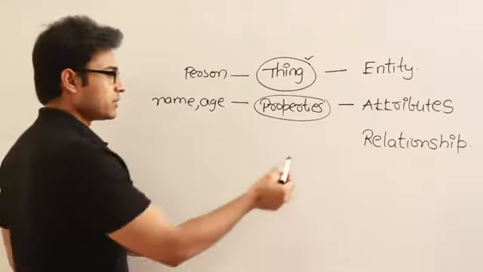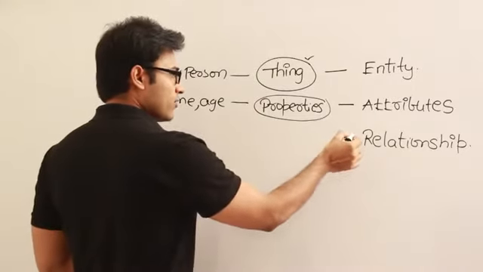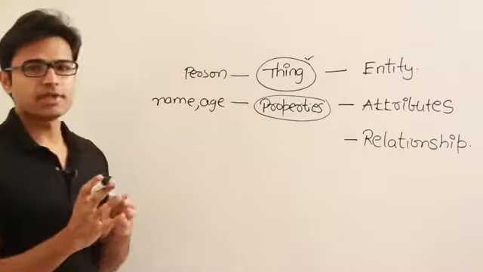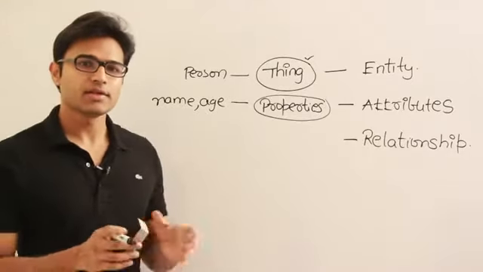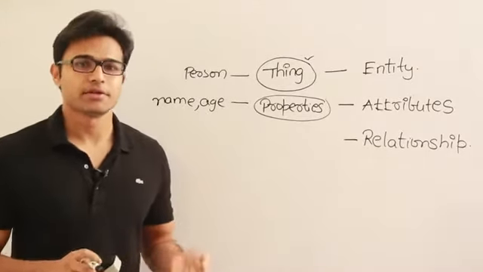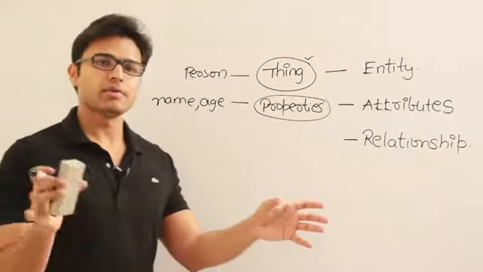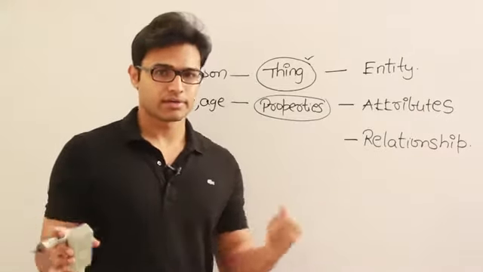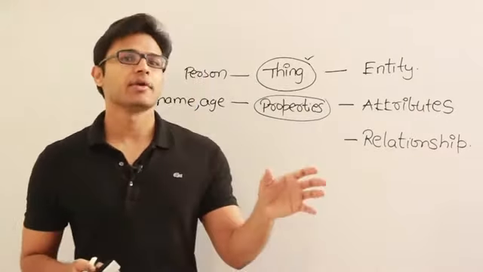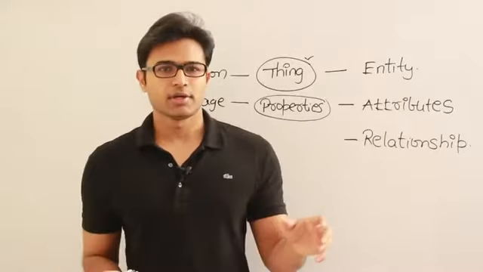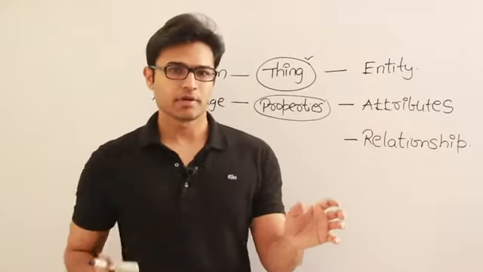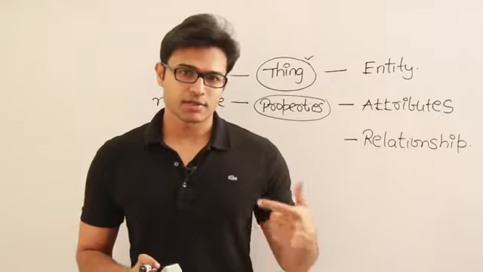And a relationship you can think of as an association among entities. How are these things related? That is called a relationship. How is a car related to a person? A person owns the car. Or how is the department related to an employee? The employee works for the department. This is called a relationship.